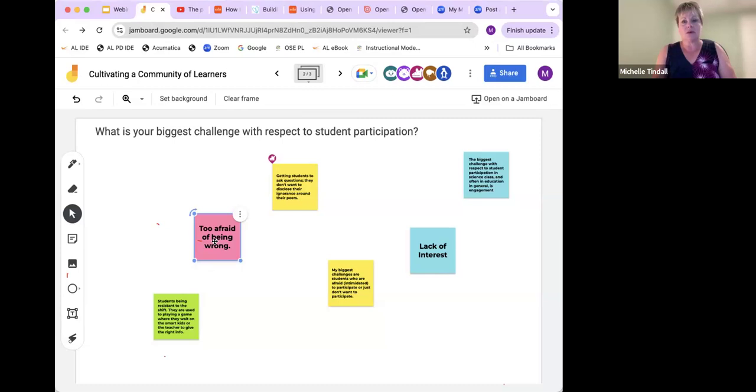They don't want to disclose their thinking, even though it might be amazing thinking. They're afraid to throw it out there in case they might be judged. Another one, they aren't sure what they're being asked to do, right? So it's an uncomfortable space for them. So we have a lot of challenges to getting our students to participate.